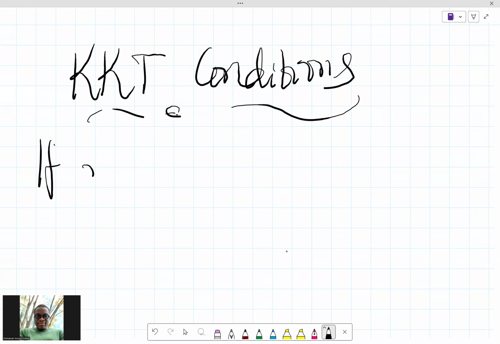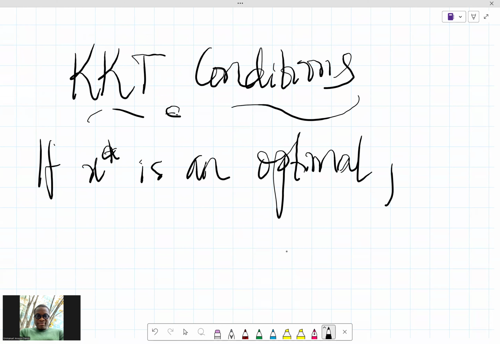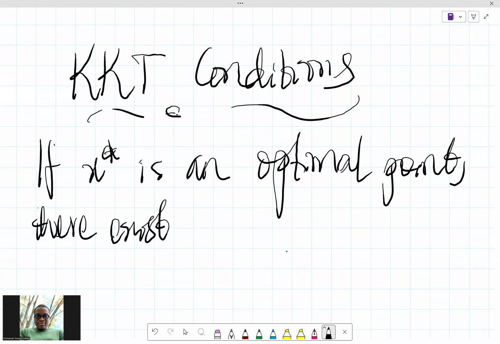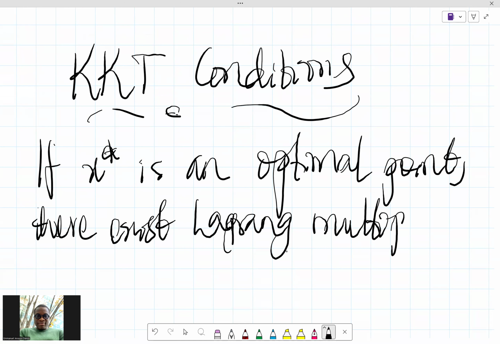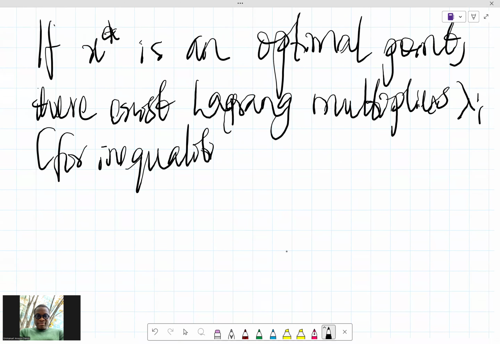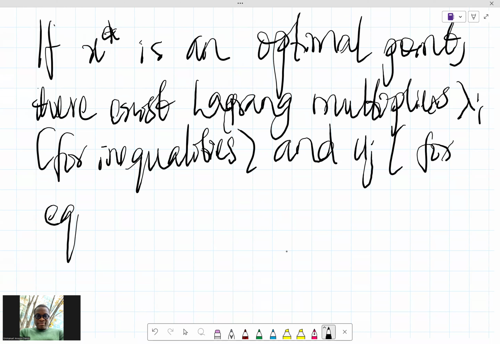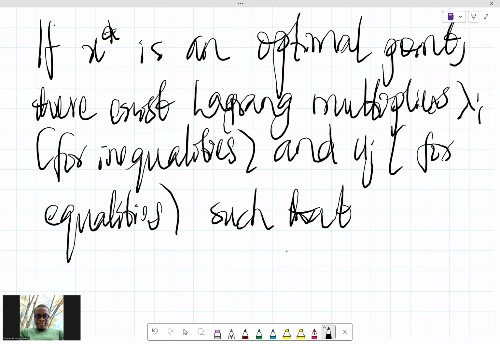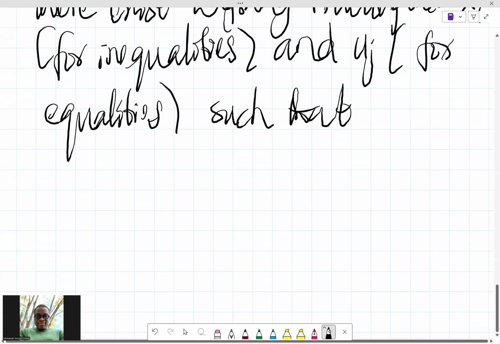First of all, if x star is an optimal point, there exist Lagrange multipliers, say lambda i's for inequalities and mu j's for equalities, such that you now have the following.